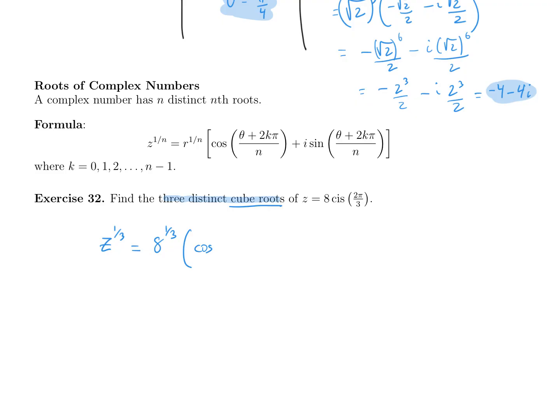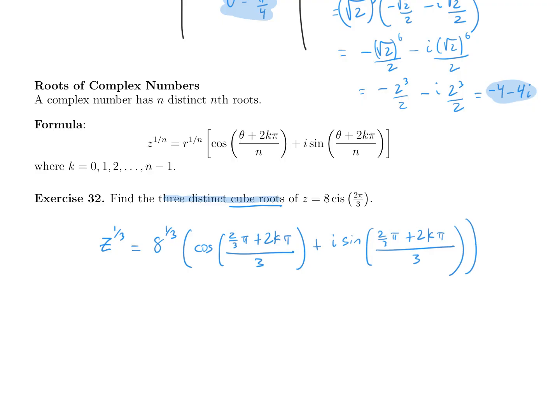All right, so theta is 2/3 pi, so we have 2/3 pi plus 2k pi divided by n. n is 3 because it's a cube root. And then same thing for the sine: 2/3 pi is our argument plus 2k pi divided by 3 because it's a cube root. And that should do it.